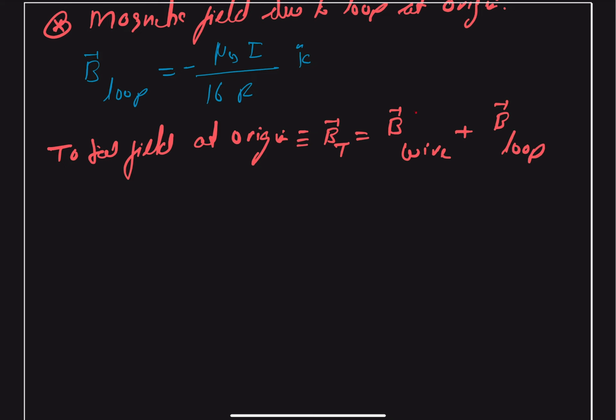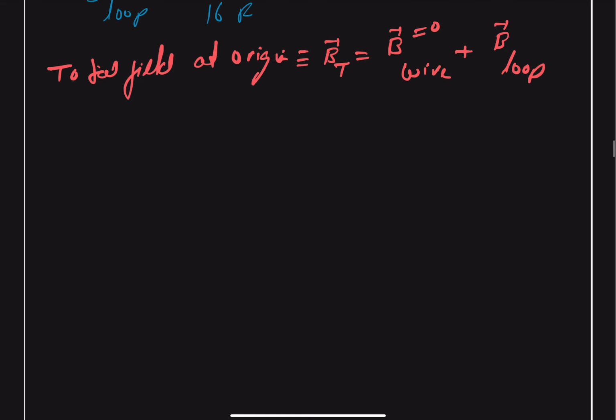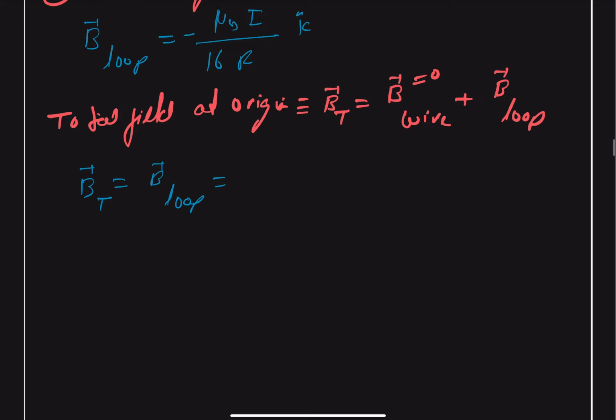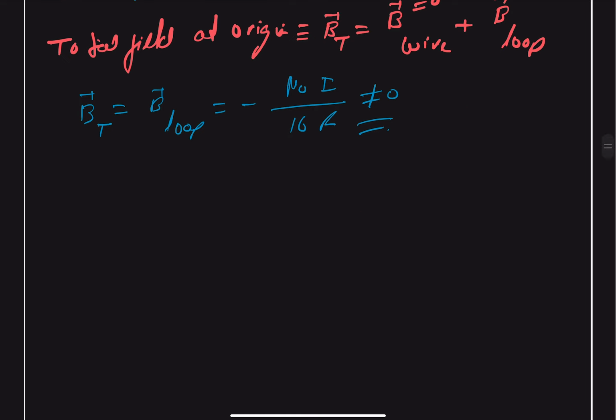Magnetic field due to the wire is 0, so the total field will be only because of the loop, which is minus mu naught I upon 16r, okay. And obviously that is non-zero, okay. So it means the statement A is correct. You can say option A is correct.